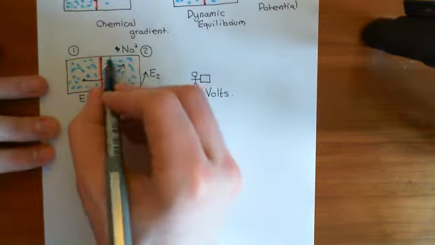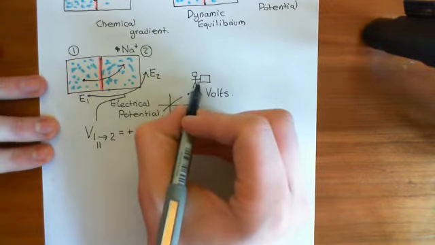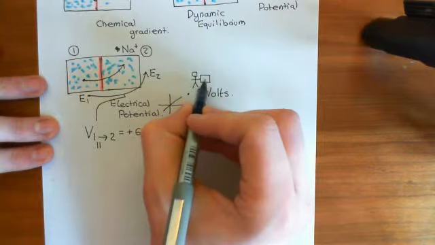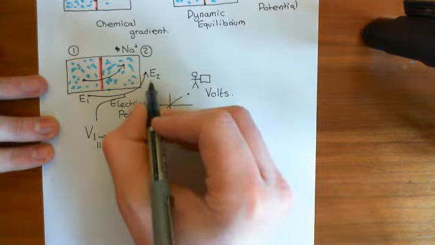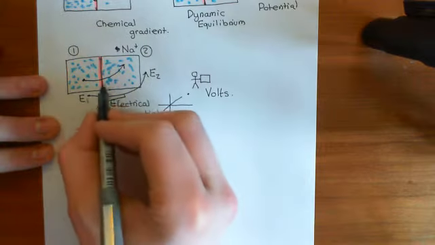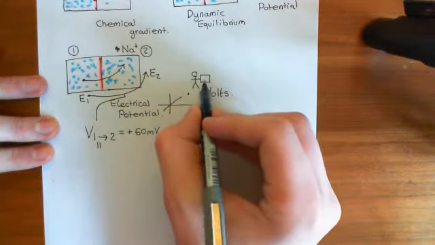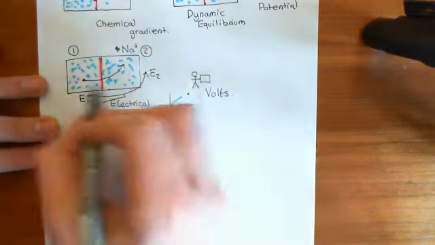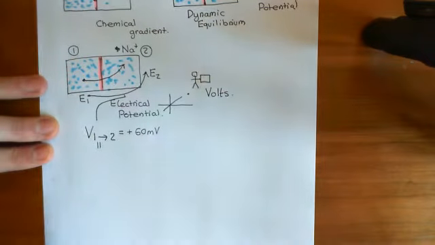If he then went and stood in compartment 2, and again measured the electrical potential, he would get a number on this screen, and that number will be E2. The electrical potential difference from compartment 1 to compartment 2 means how much does the number on his screen change when he moves from compartment 1 to compartment 2.